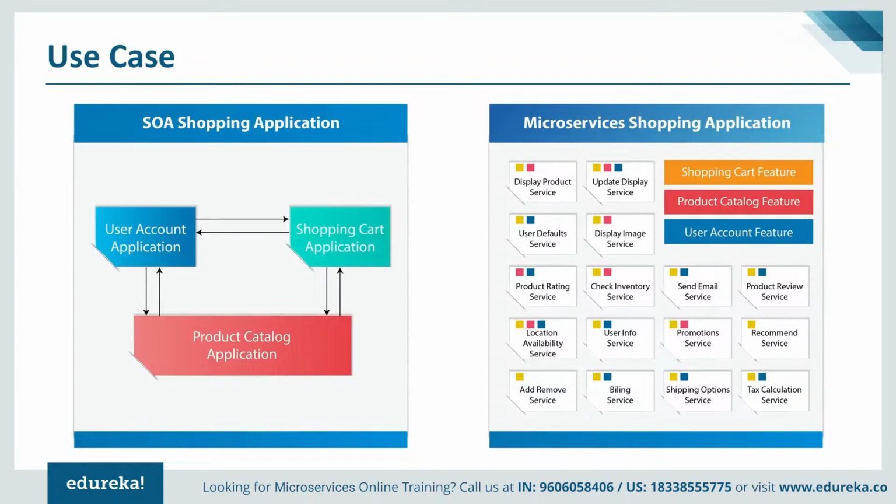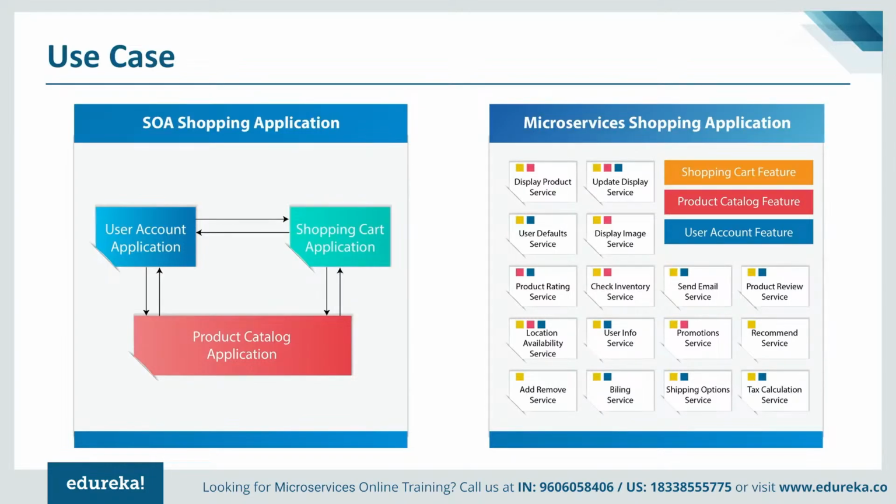So all these tasks together form one particular application service in case of a SOA shopping application. But in case of microservices shopping application, each of the different tasks that these services provide, those tasks are broken down into smaller fine-grained services. So here we have feature level services where shopping cart is one feature, product catalog is one feature, and user account application is one more feature.